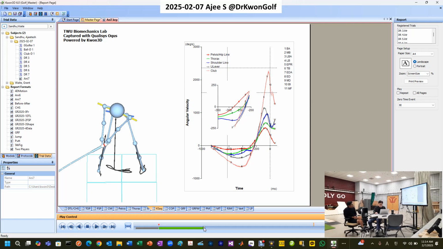The green line is the thorax and then the shoulders here. They also reach peak angular velocity relatively early. So we need to move this more toward the center of the backswing phase. No need to have an early quick turn, but it should be a gradual turn toward the top.